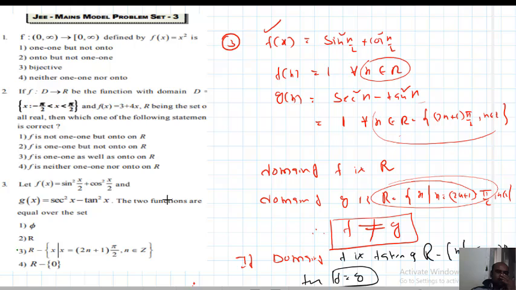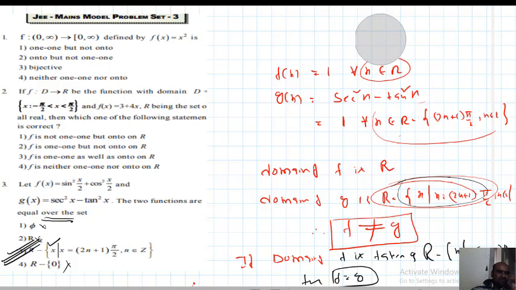Now I want to say the two functions are equal over the set. Which set? Under this set they are equal. Okay, this is wrong, this is wrong, this is wrong, this is correct. So under this, if the domain of f is also taken as this, already the domain of g is this one only. So domains are same, rules are same, then they are said to be equal functions by the definition of equality. Okay.